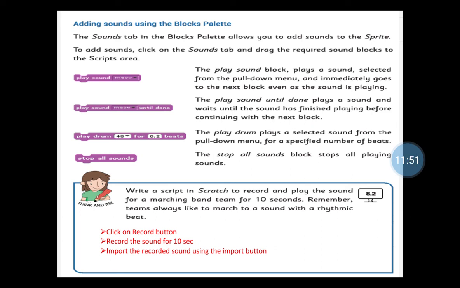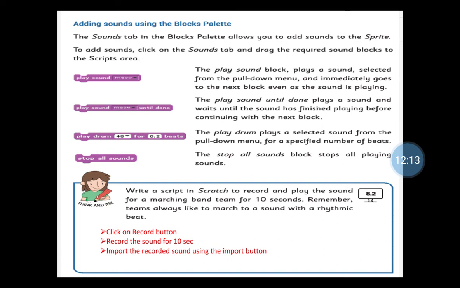Okay, next there is an activity, Think and Ink, activity 8.2. Write a script in Scratch to record and play the sound for the marching band team for 10 seconds. Remember, teams always like to march to a sound with a rhythmic beat.